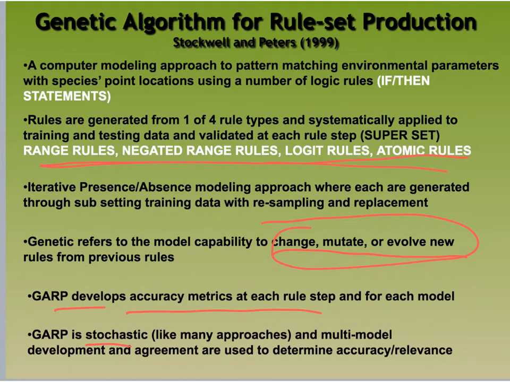Now what you'll find as you look across papers and over experiments is that there's a lot of homogeneity in those rules when GARP is finding good relationships between point occurrences and environmental covariates. So if you have an adequate sample size and the appropriate covariates for modeling, you'll find that even though there's the opportunity for a lot of diversity in rules, GARP is relatively conservative in the rules that define the landscape.